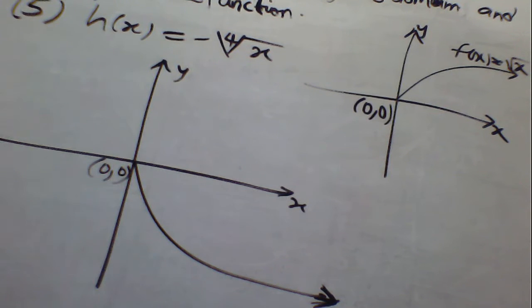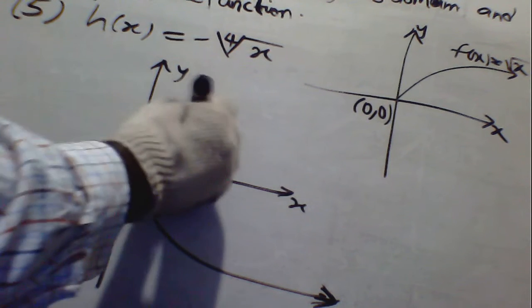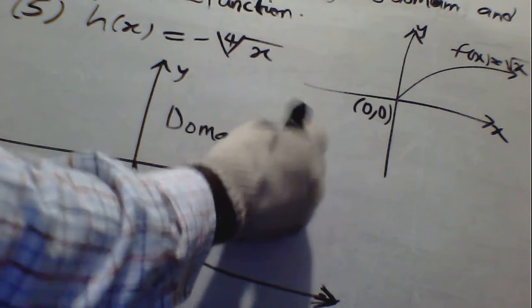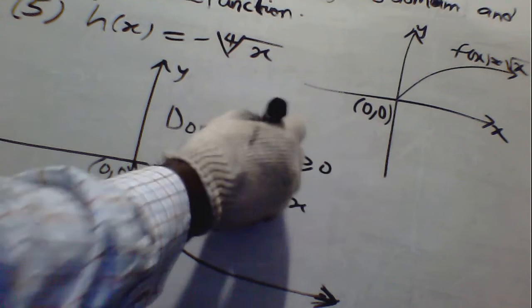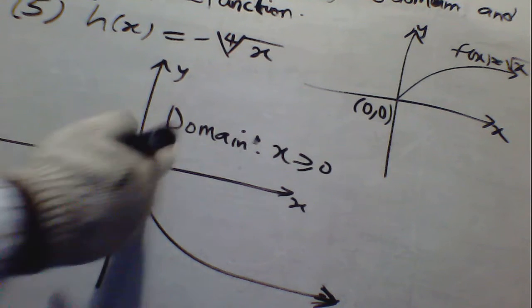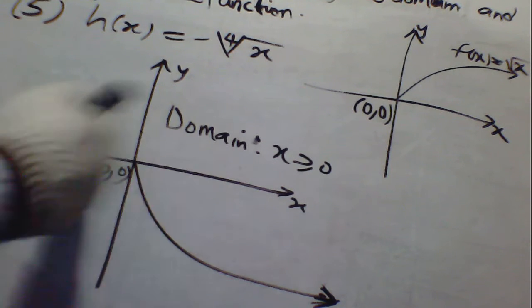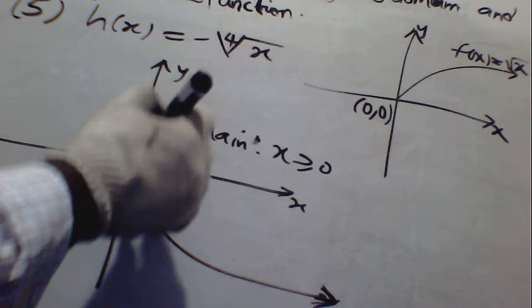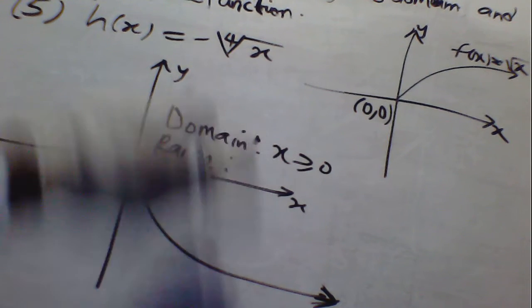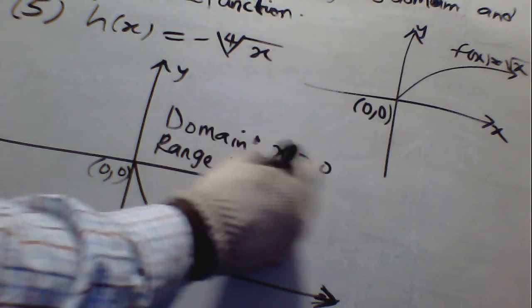With this, you can define the domain. The domain is x greater than or equal to 0, because for all this side x is greater than 0. The range, y is less than or equal to 0.